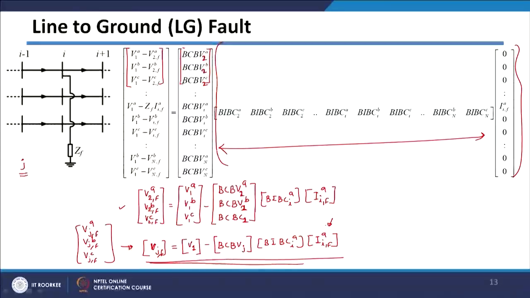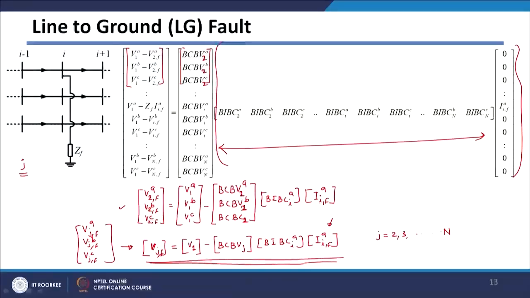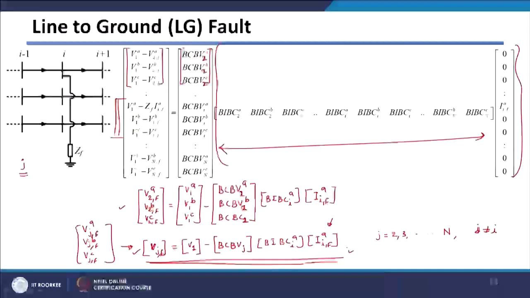So, we can get the post fault voltages, and here we can vary this J from 2, 3 up to n unknown buses, and the only thing is this J should not be equal to your ith bus, because for the ith bus you are not considering these equations. For all other buses except the ith bus, you can get all the bus voltages for all the 3 phases using these equations.